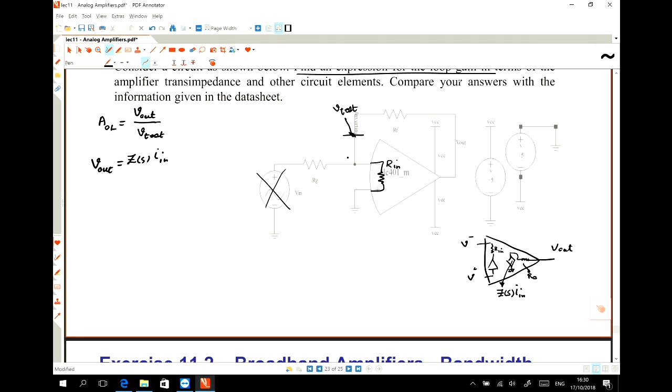So I can say that this V minus equals R in parallel with RG, because both of them are connected to ground.